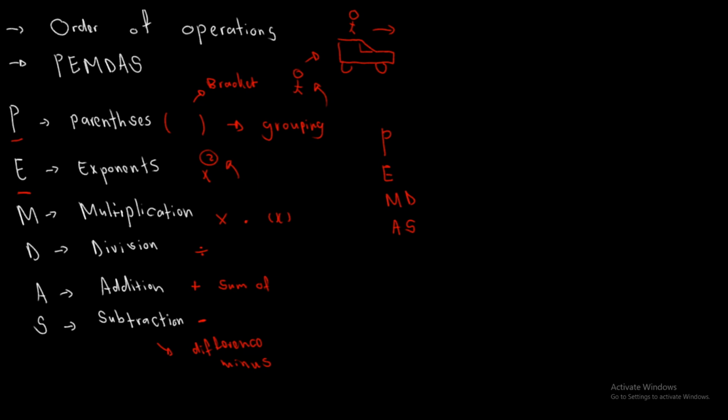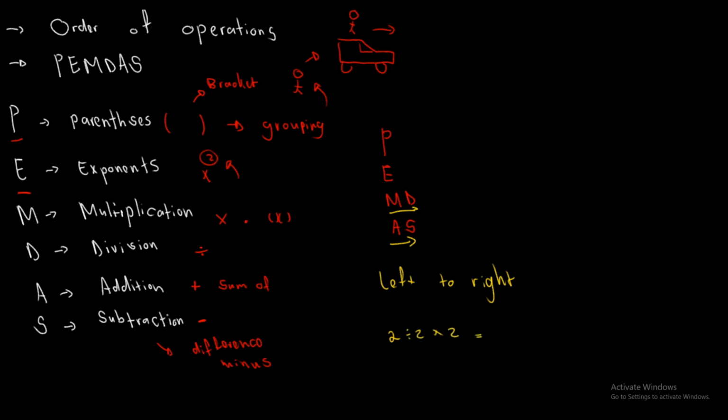Now, why do we group addition and subtraction, and multiplication and division? In this case, we're always going to work from left to right. Okay, very important. So let's say we have 2 divided by 2 multiply 2.